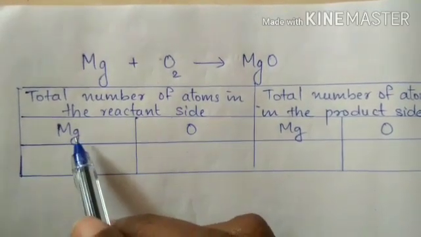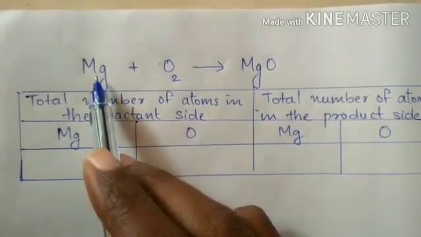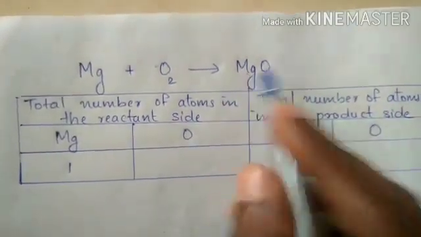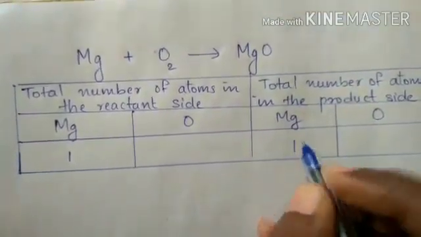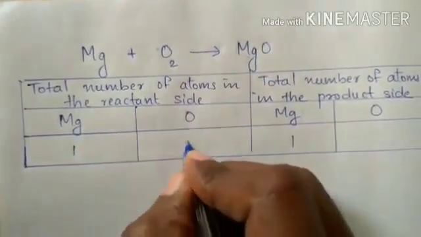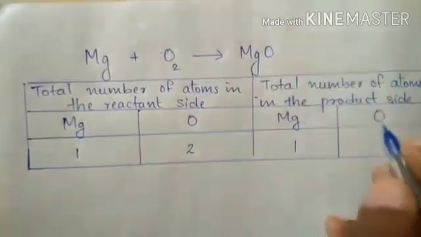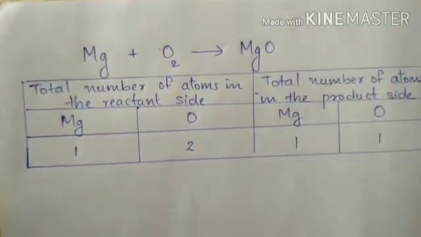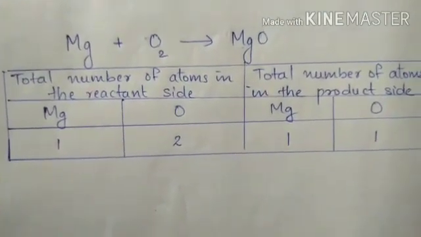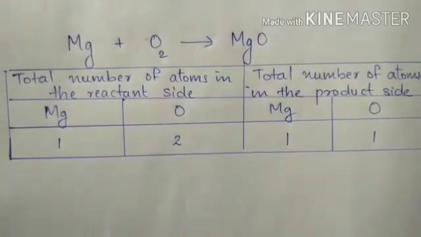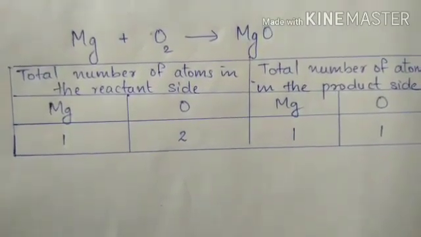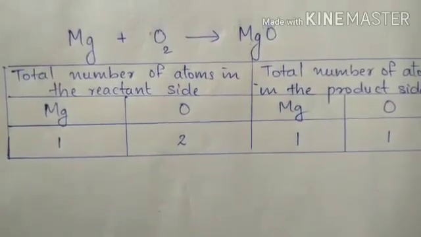The number of magnesium atoms on the reactant side is 1 and on the product side is also 1. In the case of oxygen, there are 2 oxygen atoms on the reactant side, and in the product there is only 1 oxygen atom. Now see, the number of oxygen atoms on the reactant side is not equal to the product side. So let's balance the oxygen atoms as the third step.